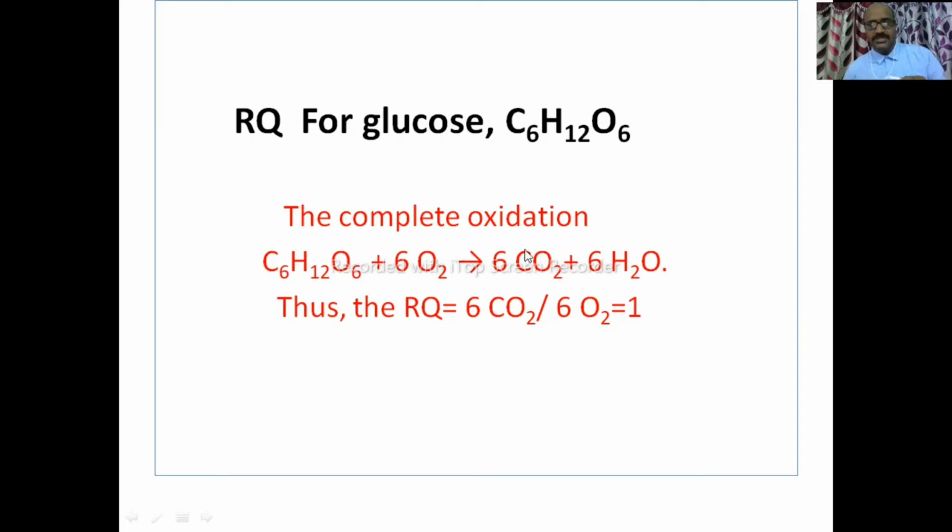So this is the oxidation process where 6 moles of oxygen are utilized and 6 moles of carbon dioxide are evolved. Our RQ formula is the volume of carbon dioxide evolved, which is 6 CO2, divided by the volume of oxygen uptake, which is 6 O2.